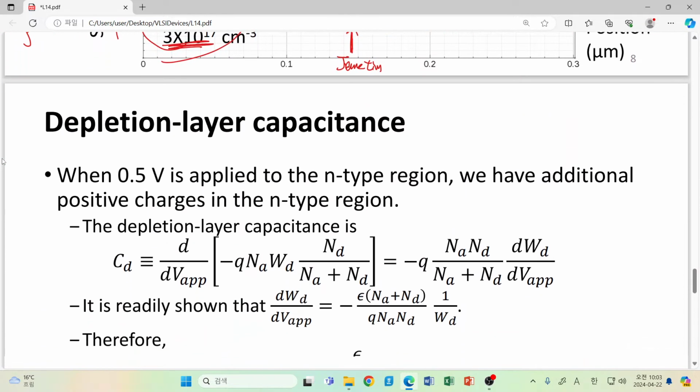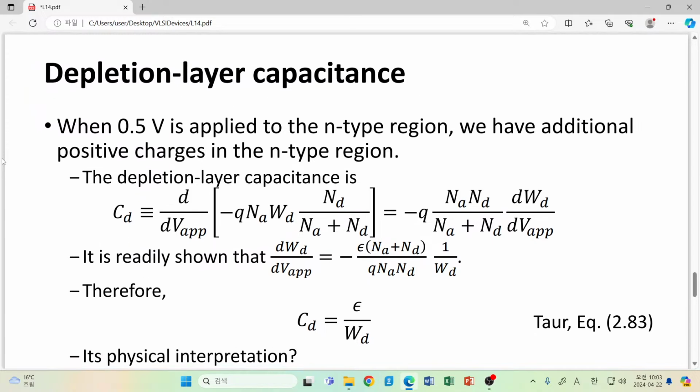I think that here we have a little bit of a calculation, but you can do it. Let me just read once again. When additional voltage is applied to the n-type region, so that the system is driven to its reverse bias mode, then we have additional positive charges in the n-type region.